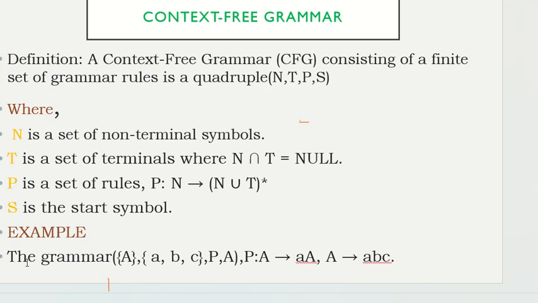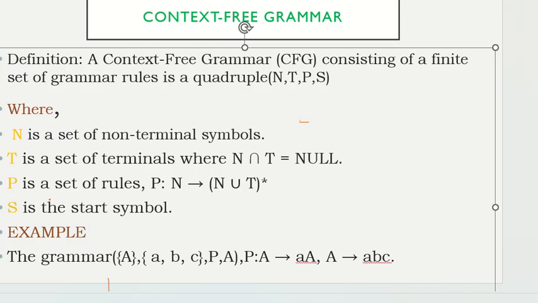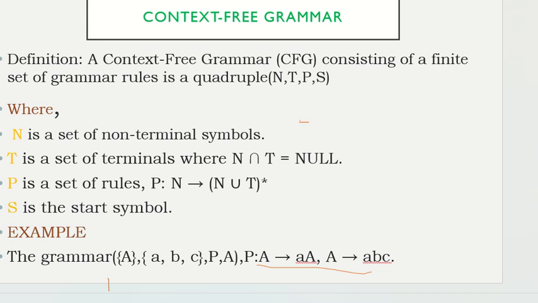Now we will take one example of context-free grammar. In the grammar, A is a non-terminal and a, b, c are terminal symbols. This is a production rule. This is a production rule.